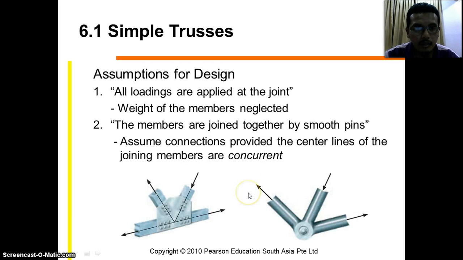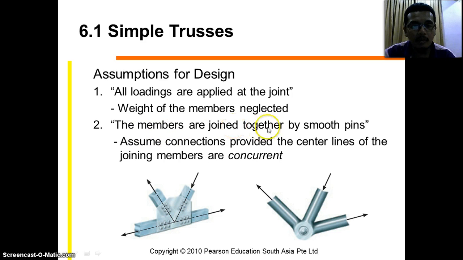Okay, so now what are the assumptions for our design? All loadings are applied at the joints. The weight of the members is neglected. So we don't take much care about the weight, but we focus more on how we join the members, the type of joint, and the force at the joint of the member.